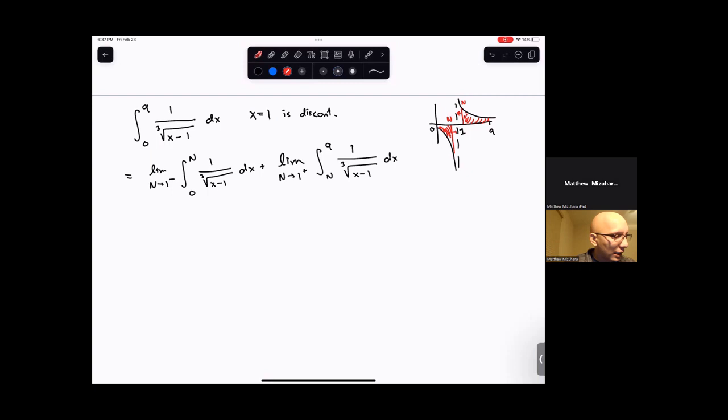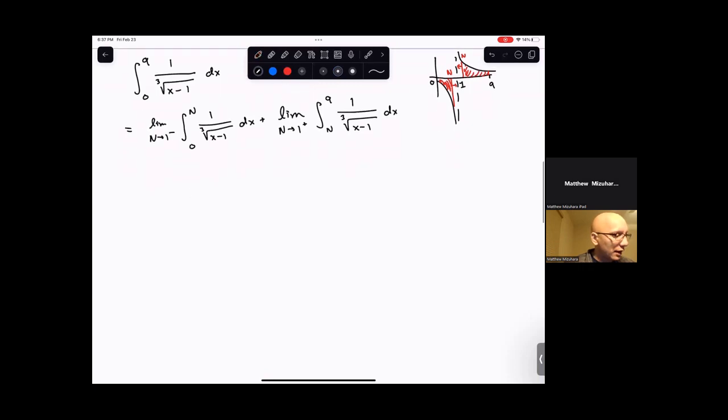In either case, I need to calculate the antiderivative of 1 over the cube root of x minus 1. So let's start with the first one. Limit as n approaches 1 from the left. And you know what might help? Maybe I write this as x minus 1 to the negative 1/3, rather than 1 over cube root.